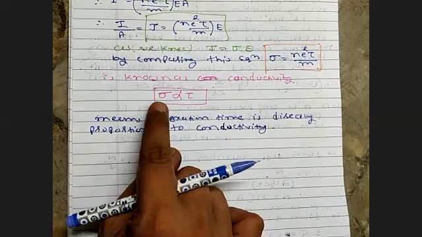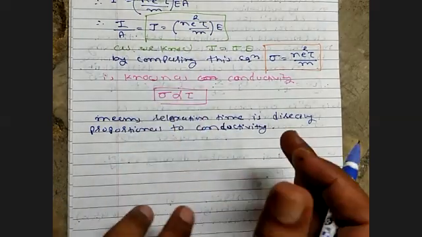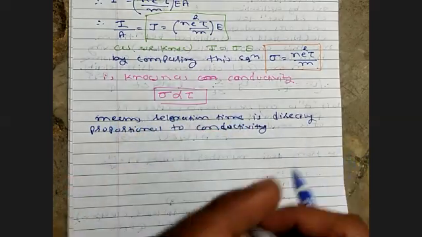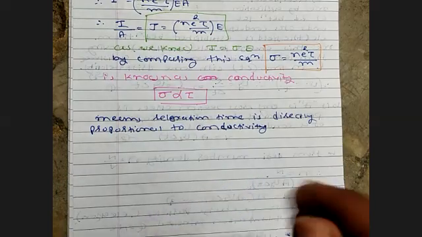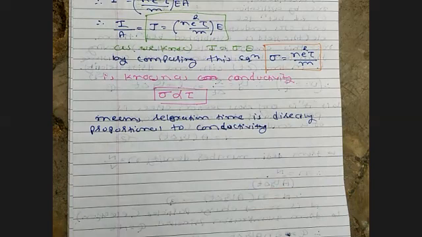Relaxation time tau is directly proportional to conductivity. It means if tau increases, sigma increases; if tau decreases, sigma decreases. What is its physical meaning? In which condition does tau increase, and in which condition does tau decrease?